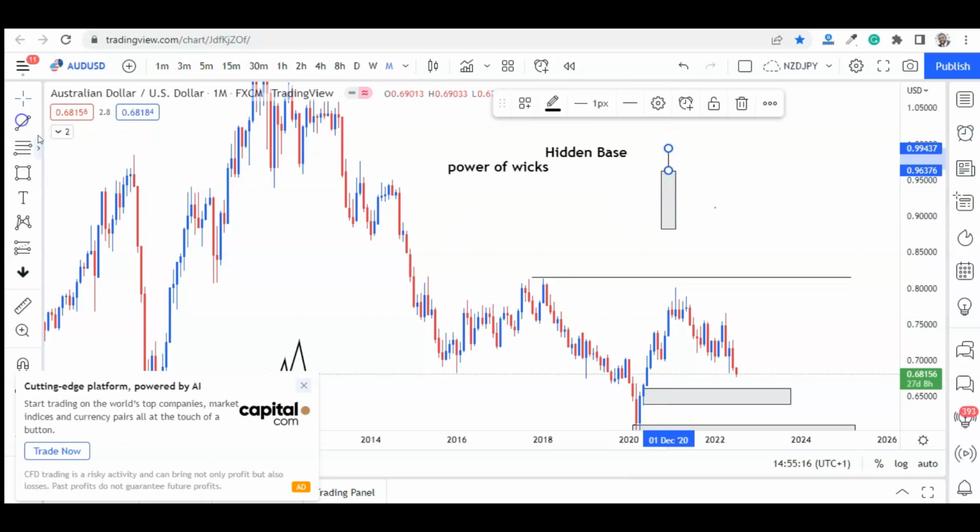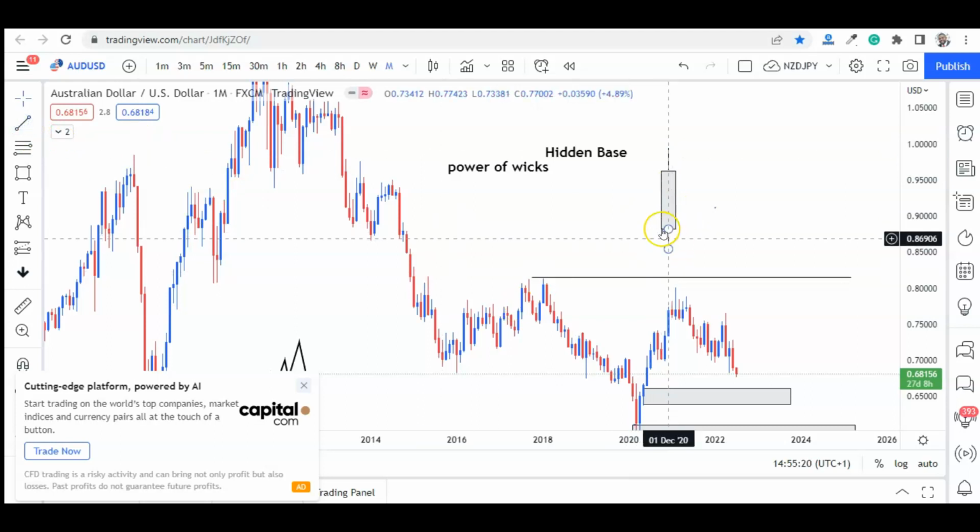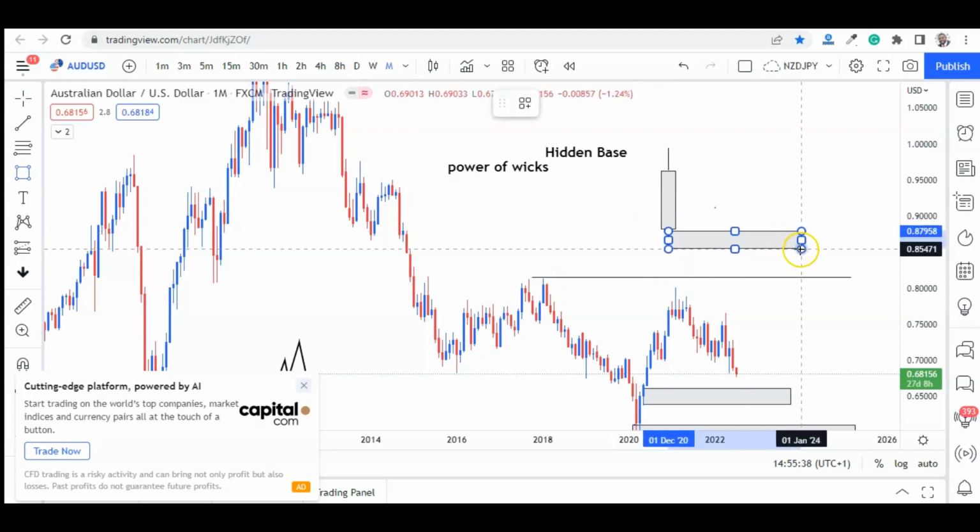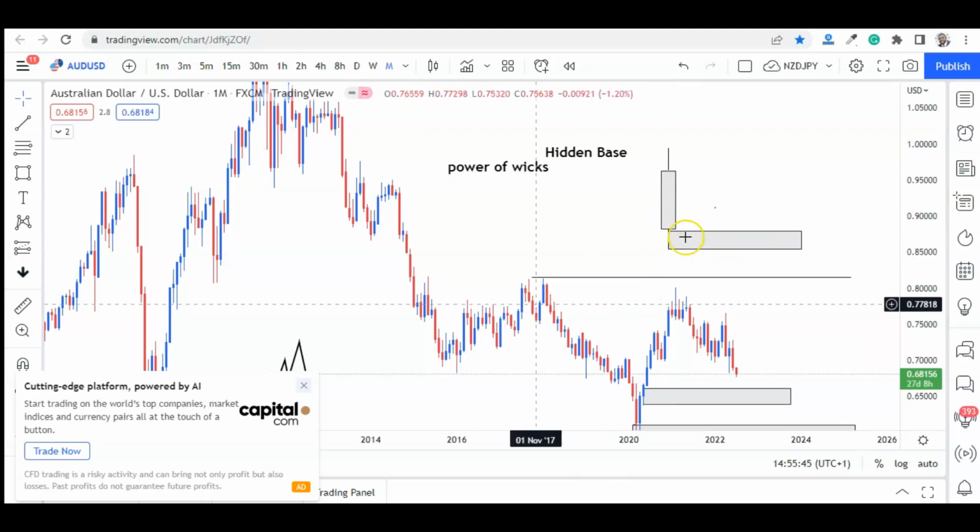Now the wick, I see the wick as the area of manipulation on a bullish candle, where buyers step in to take price to the upside, therefore making this zone a demand zone. So the wick is where others came in to manipulate people thinking price is going lower, and all of a sudden price moves to the upside.